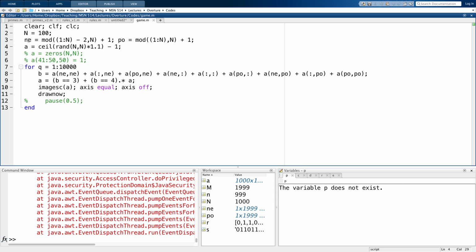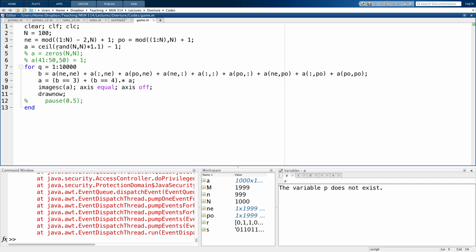So, do you remember what this was? Mod n plus 1, etc. Do you remember? It would shift to the left, right? You also do remember what this was, right? So let's look at this line, what it does.